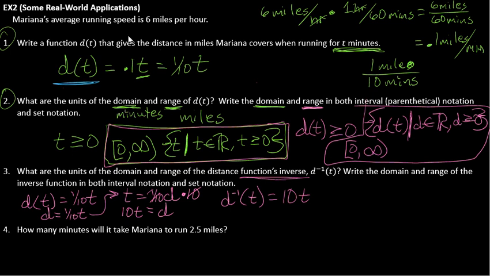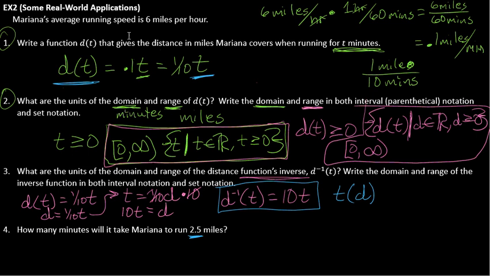was distance as a function of time, right? Distance is a function of time. Well, now we're given a distance. So this inverse function, what I've really found is that I have found time as a function of distance, okay?